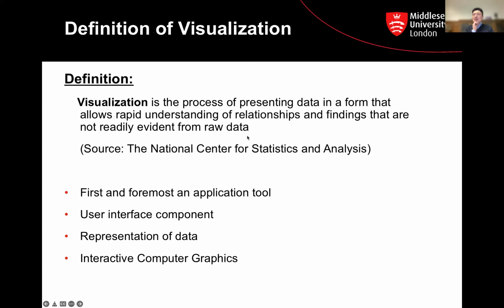This focuses more on utility: visualization supports rapid understanding of relationships and findings. If you just look at the numbers in a spreadsheet, these may be much less obvious, or you might miss them completely.